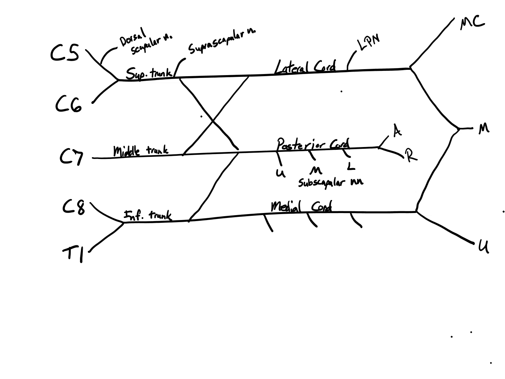The most proximal of these branches represents the medial pectoral nerve. The middle branch represents the medial brachial cutaneous nerve, and the most distally located branch represents the medial antebrachial cutaneous nerve. And don't forget that the long thoracic nerve is derived from 3 root levels, from C5, C6, and C7.